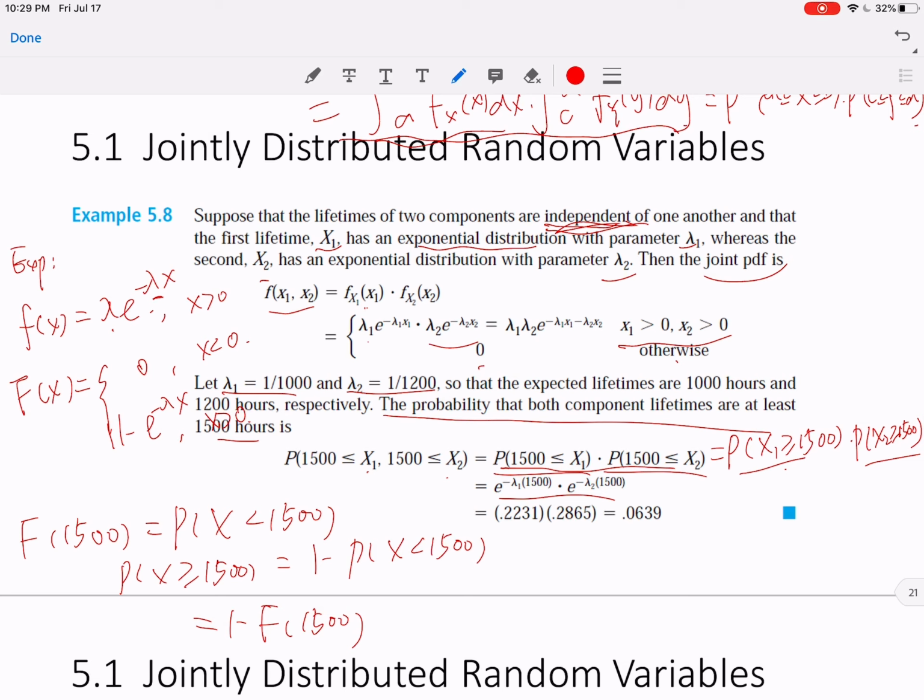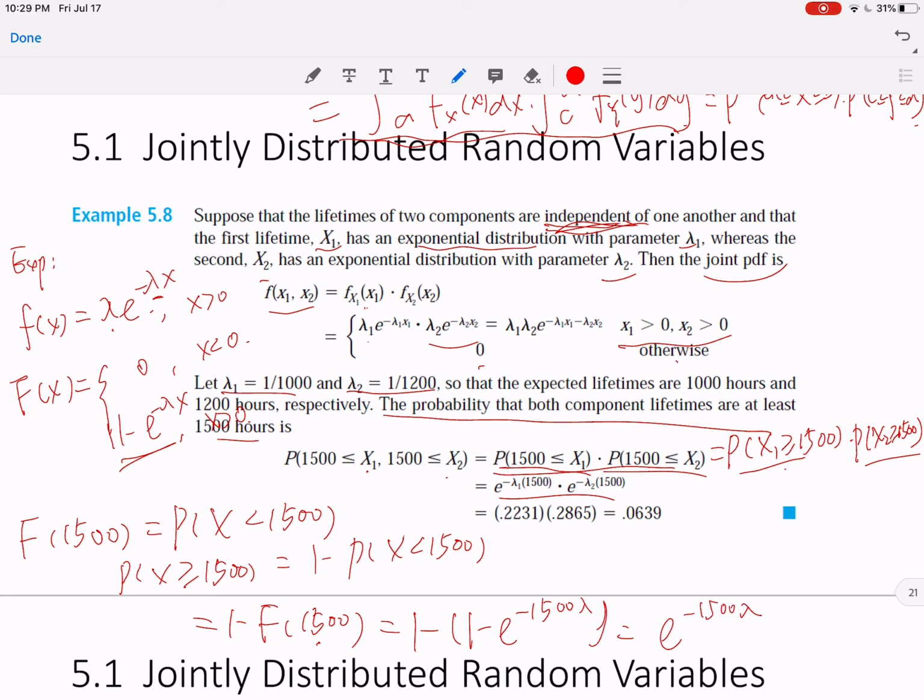So we plug 1,500 back into the CDF. It's 1 minus, 1 minus e to the negative 1,500 lambda. So if we simplify that, it's equal to e to the negative 1,500 lambda.